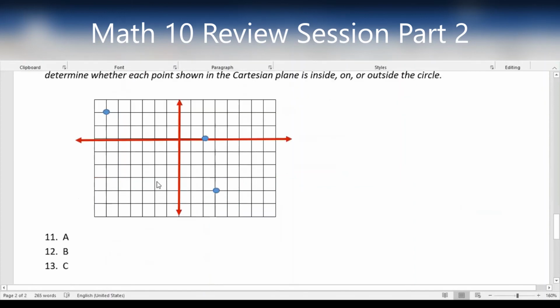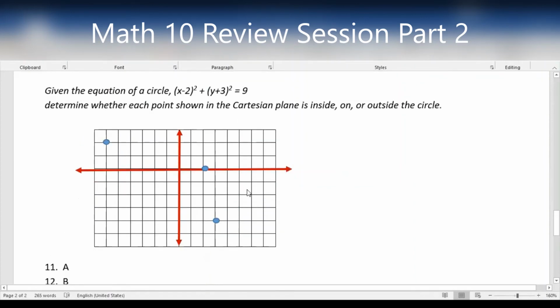O, let's say, ito yung A. Ito si B. Ito si C. So, we have to determine lang whether the point is inside, outside, or on the circle. Our basis is the equation.